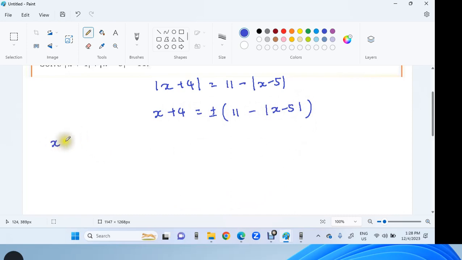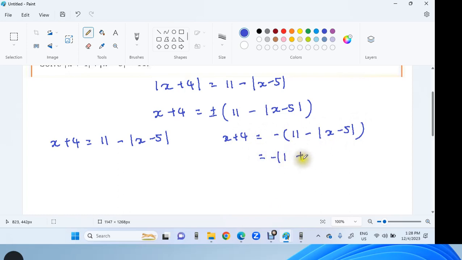So I have x plus 4 equal to 11 minus modulus x minus 5, and x plus 4 equal to negative of 11 minus modulus x minus 5. So it is negative 11 plus modulus x minus 5. So we have these two.